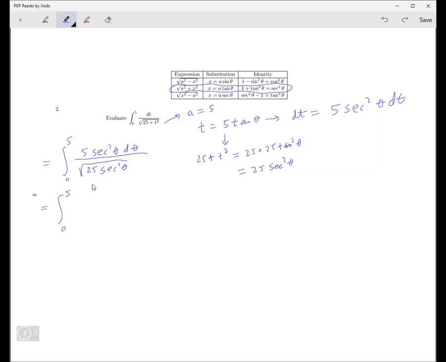When you take the square root, you're going to get 5 secant theta down here, because you're taking square roots of everything. And then the 5s will reduce, and this will reduce with that. So you have an integral from 0 to 5 of just secant theta d theta.